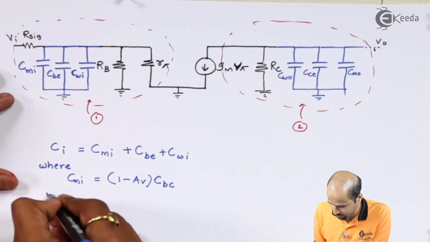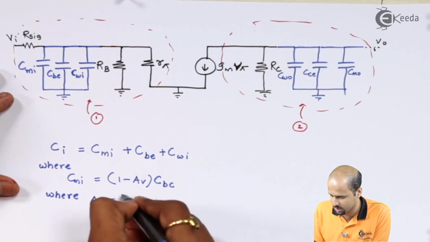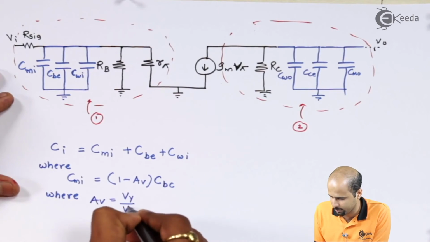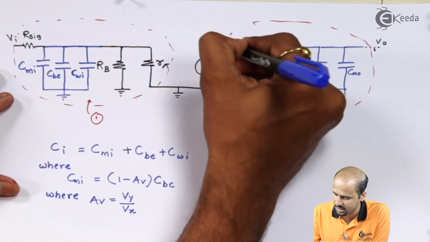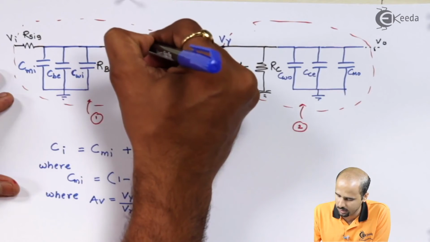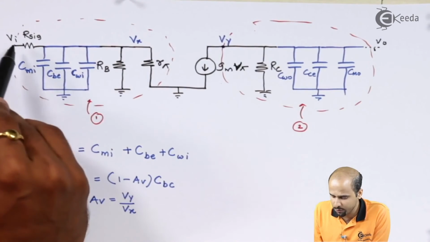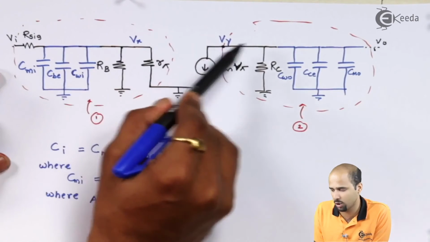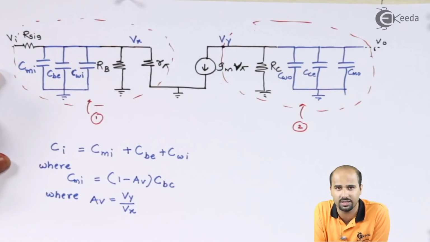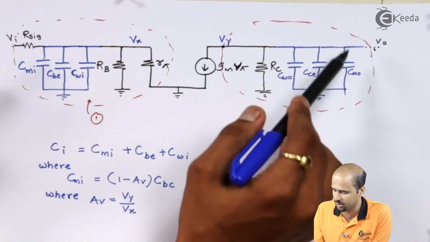Again, we have to consider that the value of AV is nothing but Vy divided by Vx, where this is your Vy and this is your Vx. Many times we consider the value of Vi and Vo as your voltage gain. If a combined question is there in the AC analysis, mid frequency voltage gain is nothing but Vo divided by Vi.